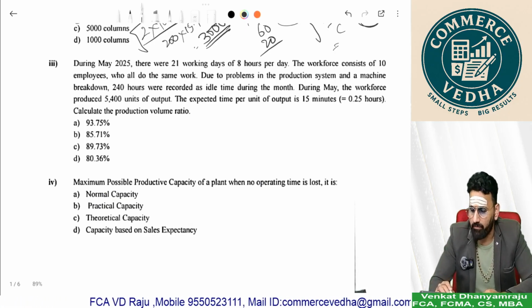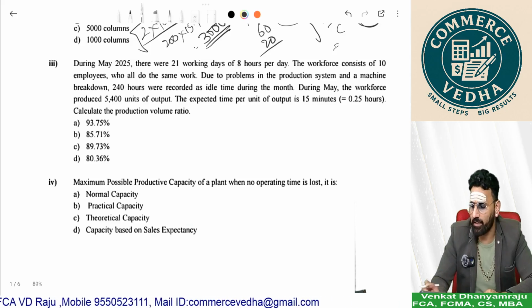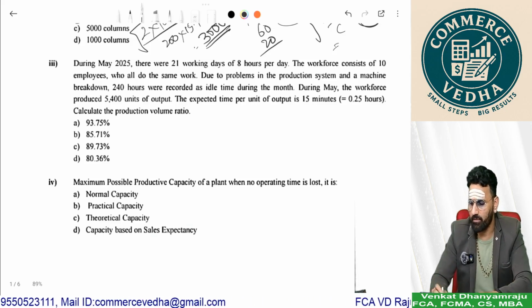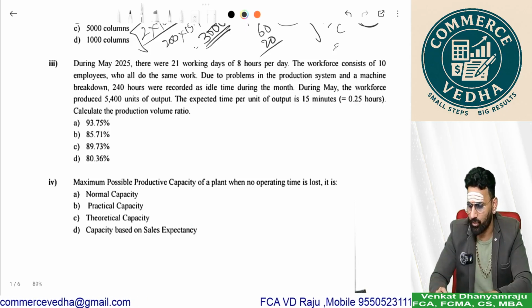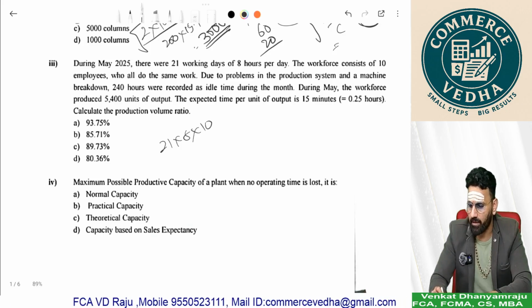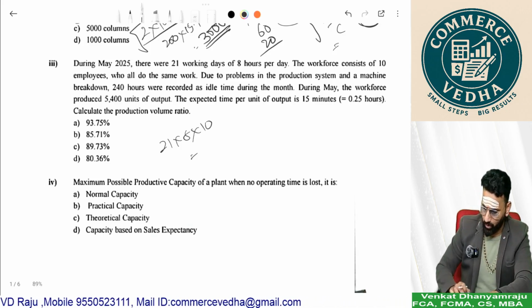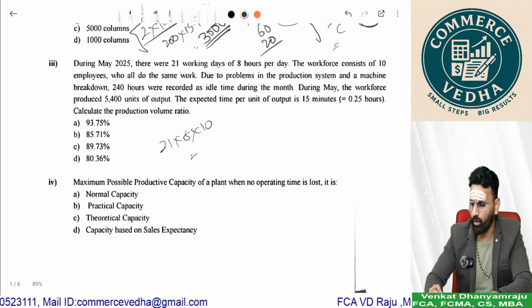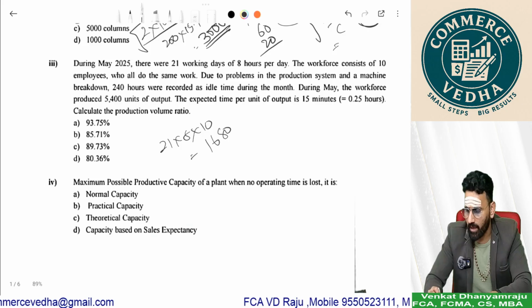During May 2025, there were 21 working days of 8 hours per day. So 21 working days, 8 hours, and employees 10. So 21 into 8 into 10, overall 1680 hours.